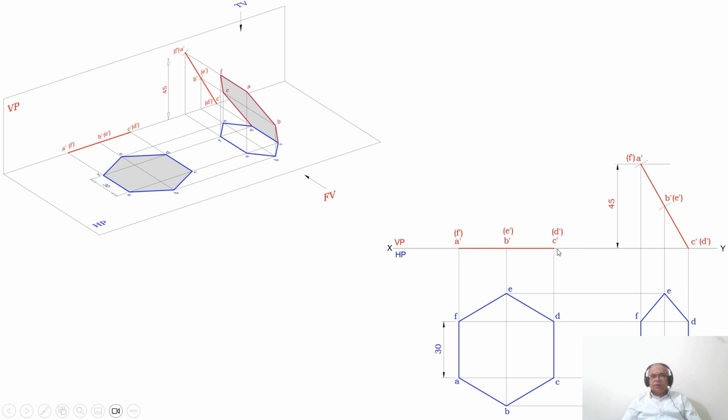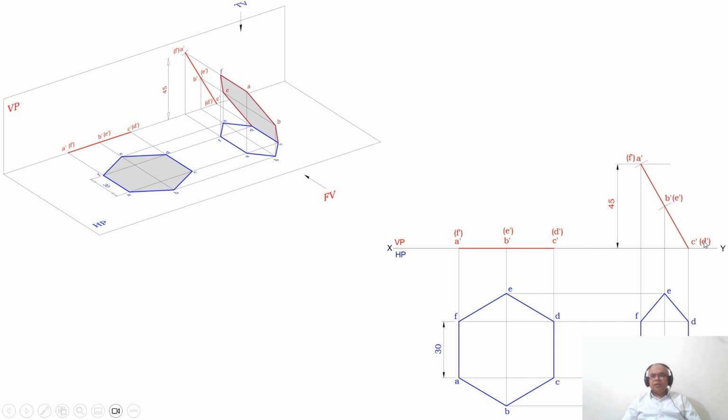Using the compass with C dash as center, taking the radius of C dash A dash, cut an arc on that 45 mm line. Then join A dash and C dash with a dotted line. Then using the compass, measure the distance from C dash to B dash, with C dash as center, cut an arc on that inclined line and mark that point as B dash.